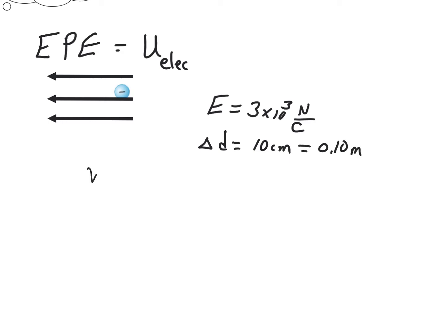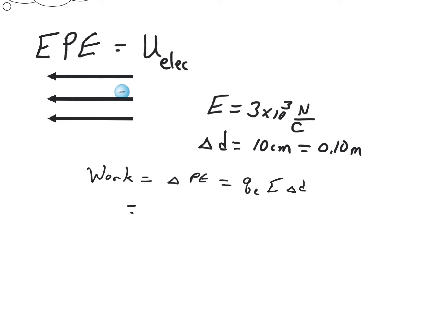We also know that the work is going to be equal to the change in potential energy in this case, which will be how much kinetic energy the electron picked up, or charge of the electron times the electric field times the change in distance.